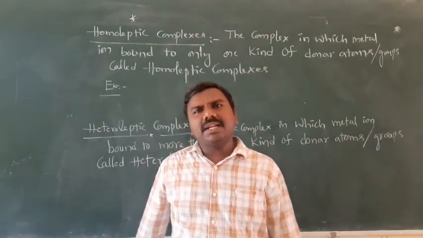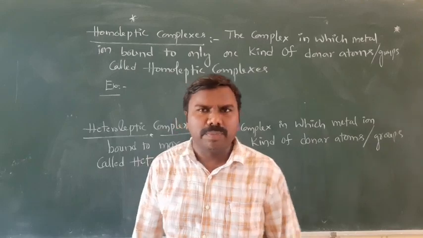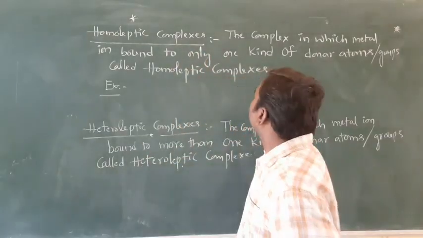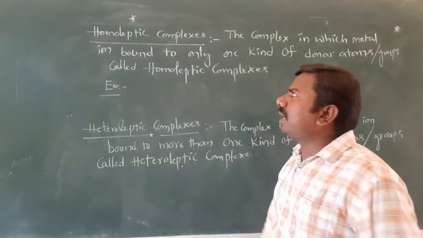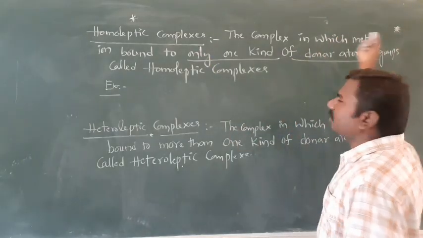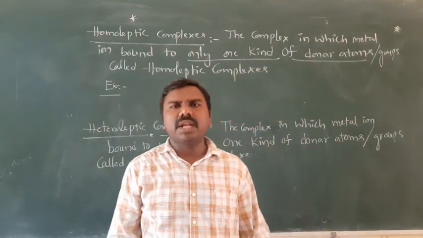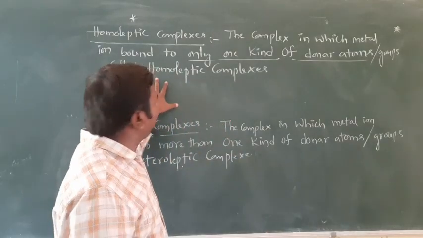If ligands are of different kinds, it is called a heteroleptic complex. Definitions given here: the complex in which the metal ion is bound to only one kind of donor atoms or groups, donor atoms or groups being nothing but ligands, is called homoleptic.